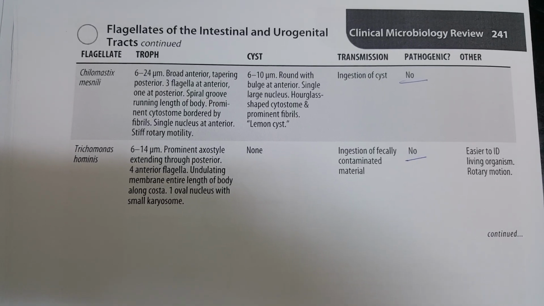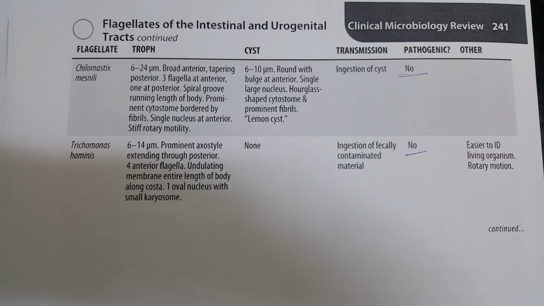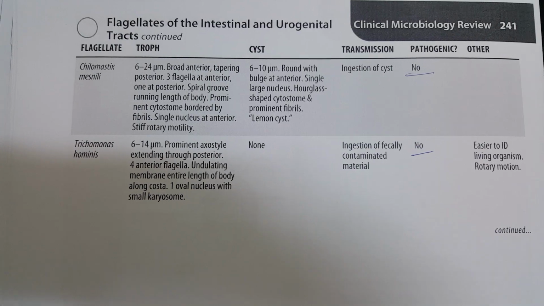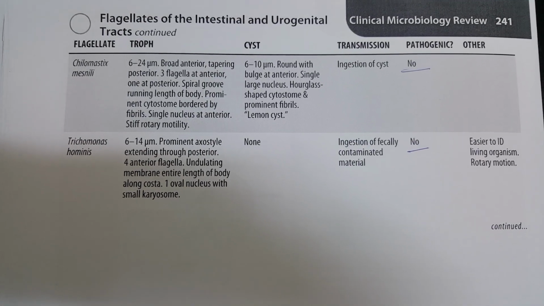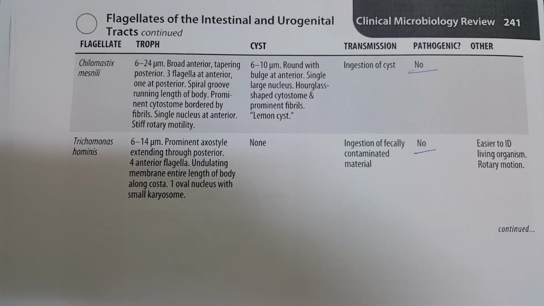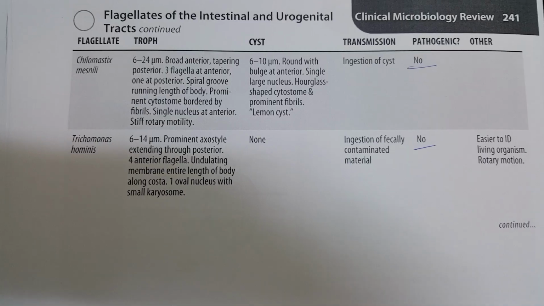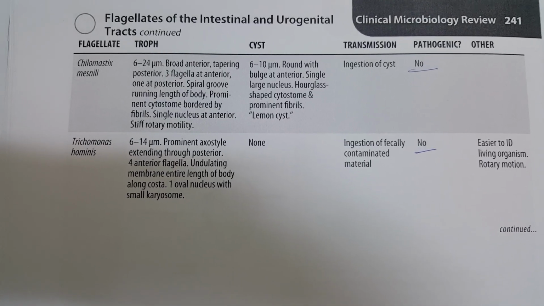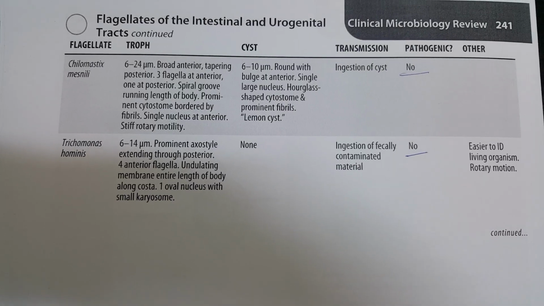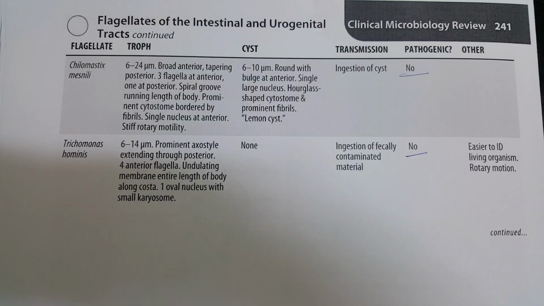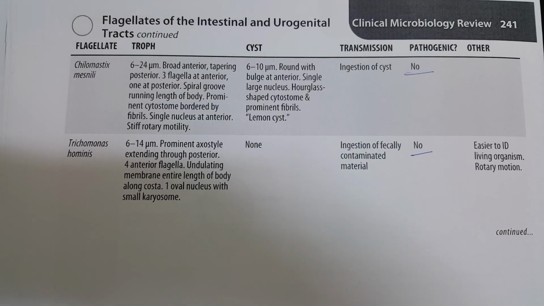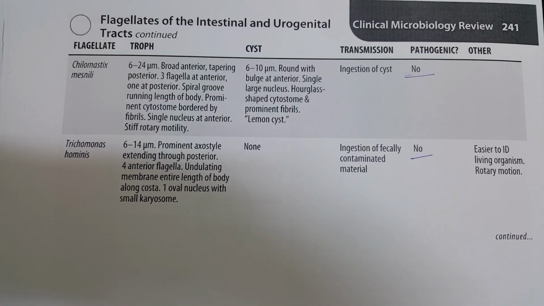Chilomastix mesnili has a broad anterior tapering to the posterior, 3 flagella at the anterior, 1 at the posterior, a spiral groove running the length of the body, and a prominent cytostome bordered by fibrils, a single nucleus at the anterior end, and rotatory motility. The cyst is 6 to 10 micrometers, round with a knob at the anterior end and a large central nucleus, just like a lemon cyst.